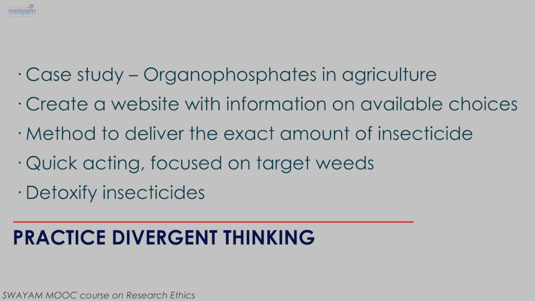The other one would be to detoxify these organophosphates as soon as they reach the soil when they are not needed, or to identify better alternatives to these pesticides. So the list can be endless.